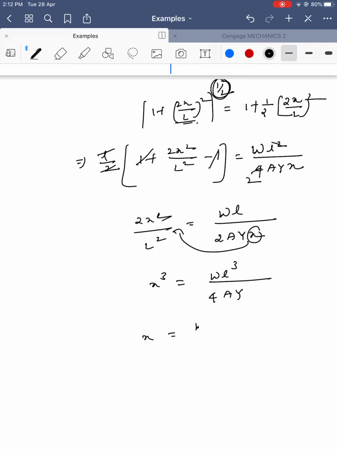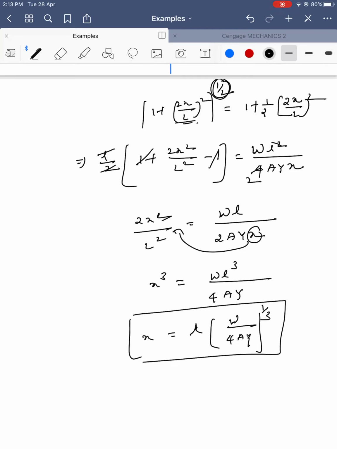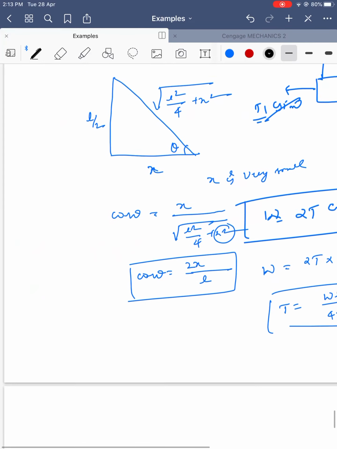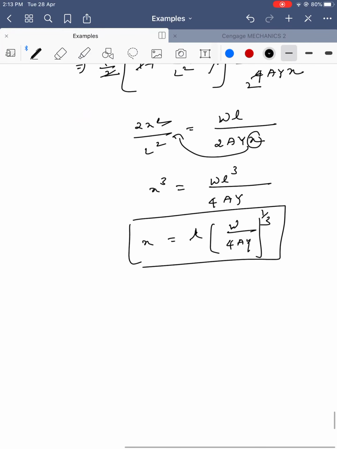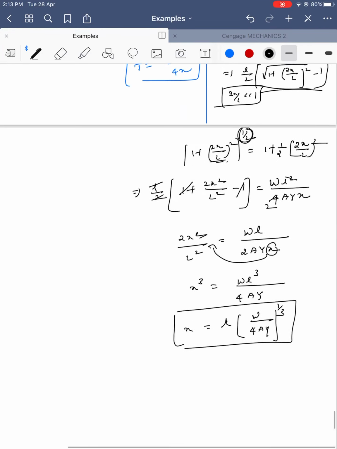So x is equal to L into W by 4 AY whole power 1 by 3. This is the value of depression. Okay, if they ask for the strain, strain is final length minus initial length by initial length. Get the value of that.